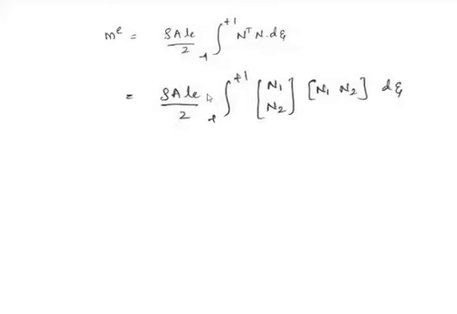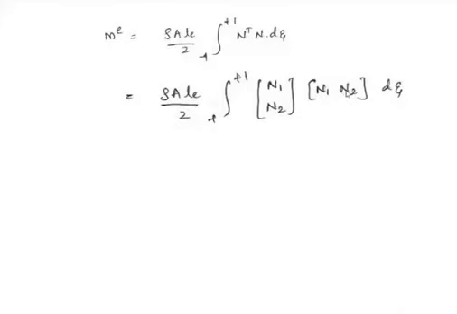So Me is rho A Le by 2 integration -1 to +1 N transpose N d zeta. For a one dimensional element I'll have two shape functions N1 and N2. If I take the transpose, N1 and N2 will be column-wise, then N1 N2 row-wise, d zeta.